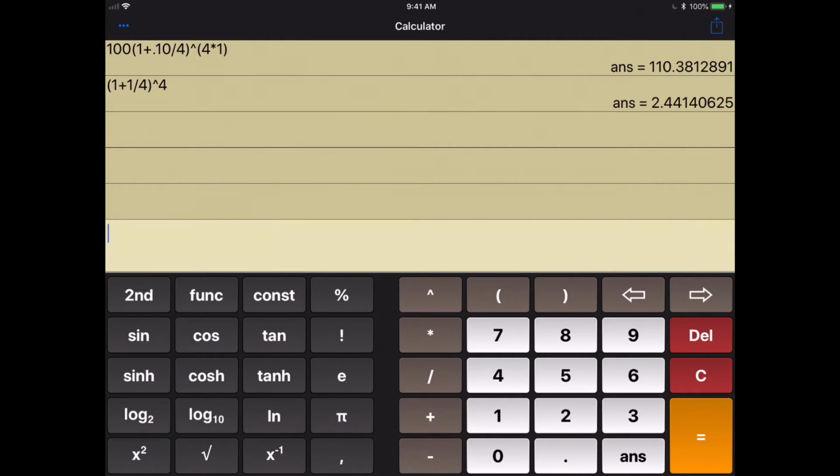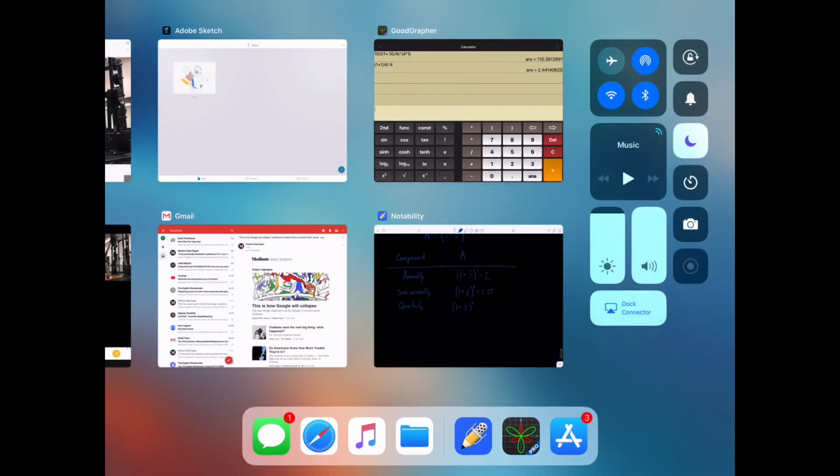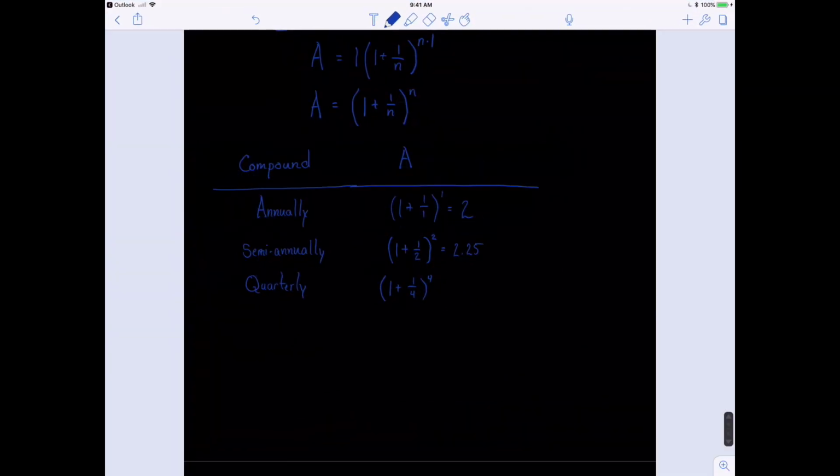Wow. So if I could invest quarterly, I would definitely do much better. So let's write that down. So wow, we're definitely doing better.